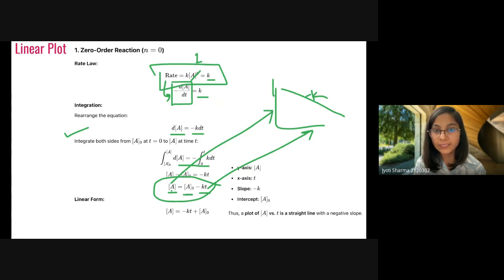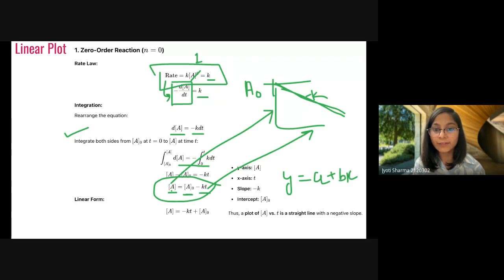So let's say it is starting from here, so this is your A naught. Initially your concentration of reactant was higher, and then it is reducing with the slope minus K. This is nothing but Y is equal to A plus BX, right?